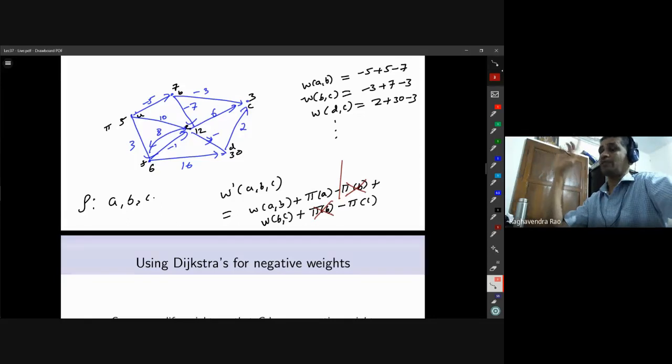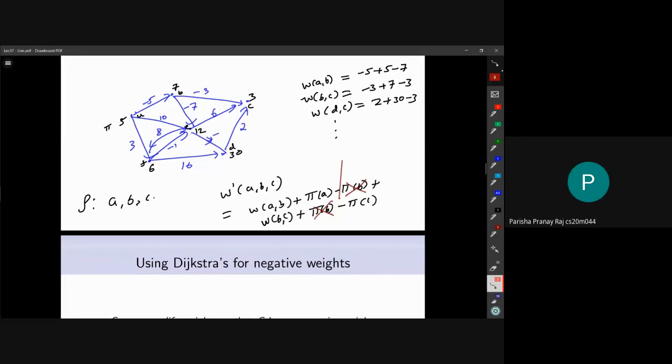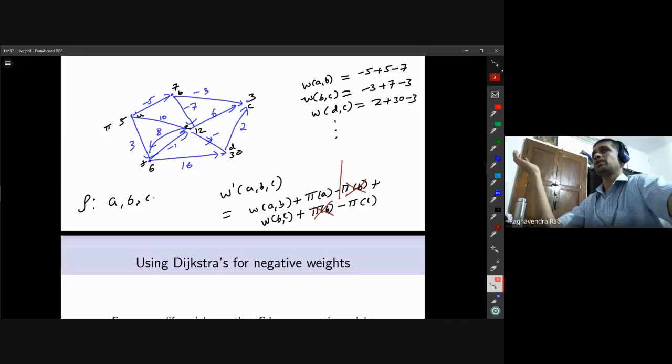Hence the shortest path will be preserved. If you are adding the same value for every a to b path or every u to v path, the shortest path will be the same.